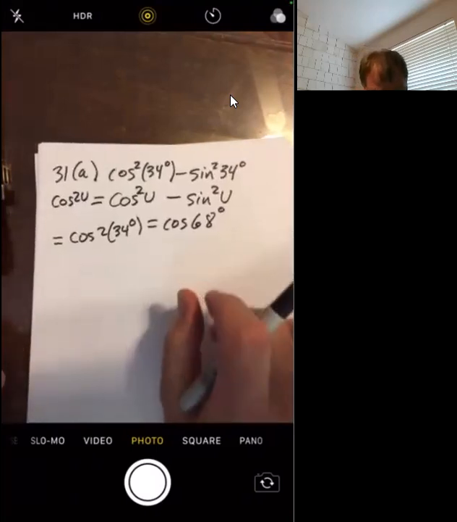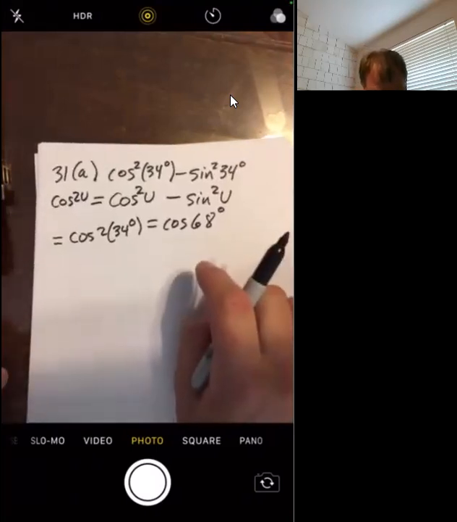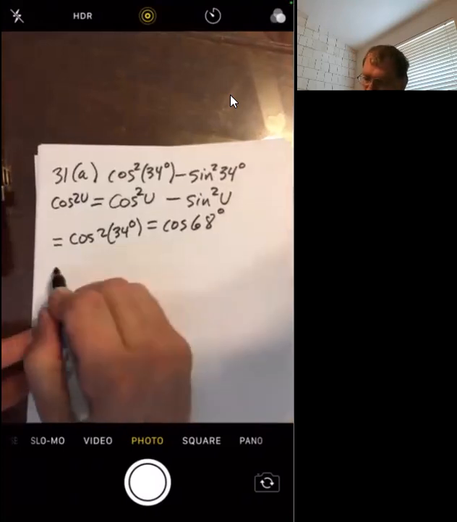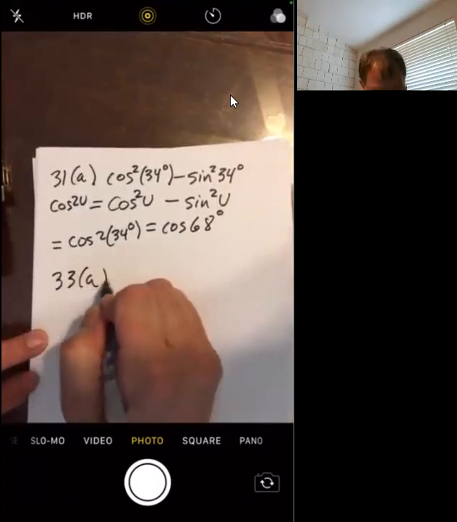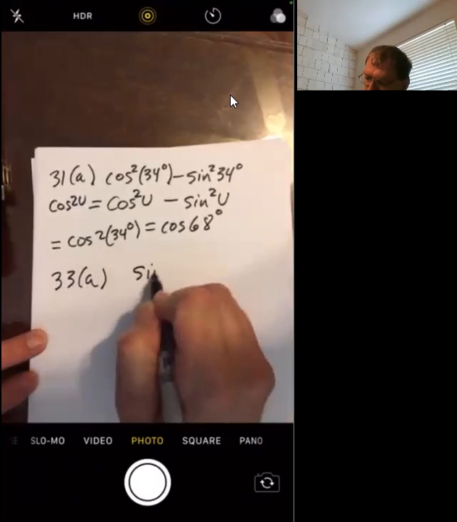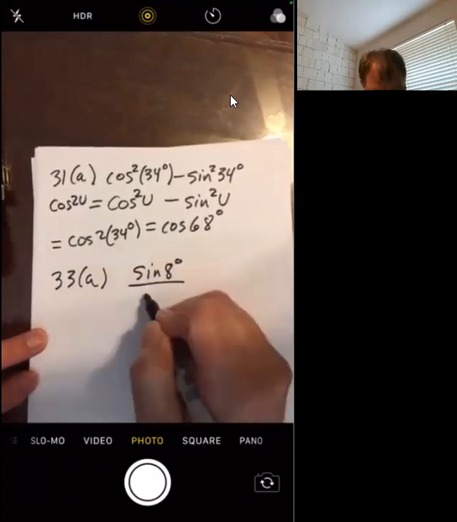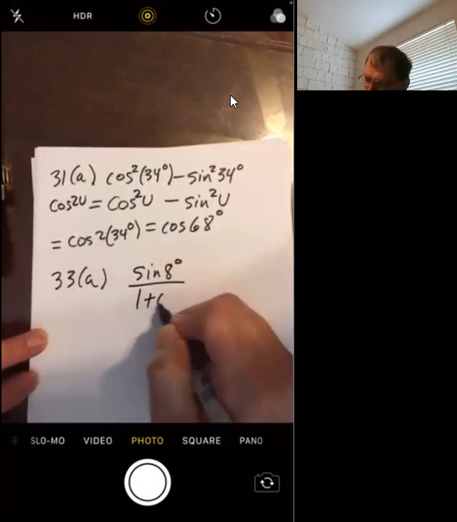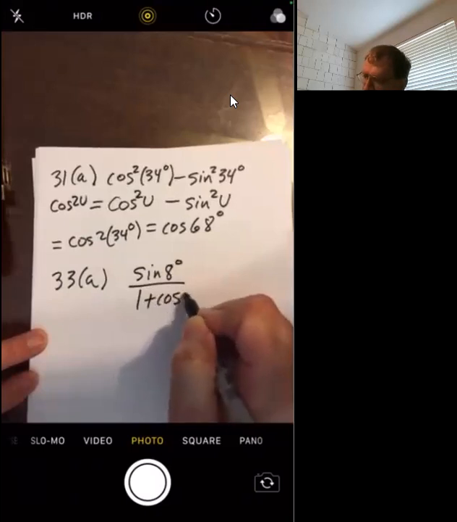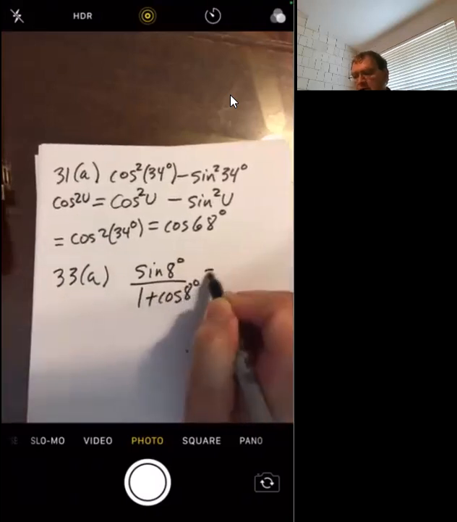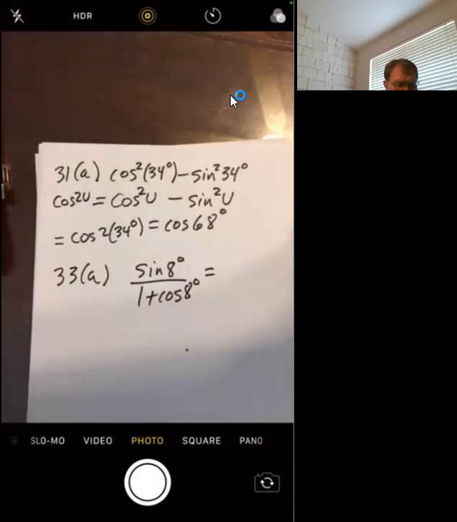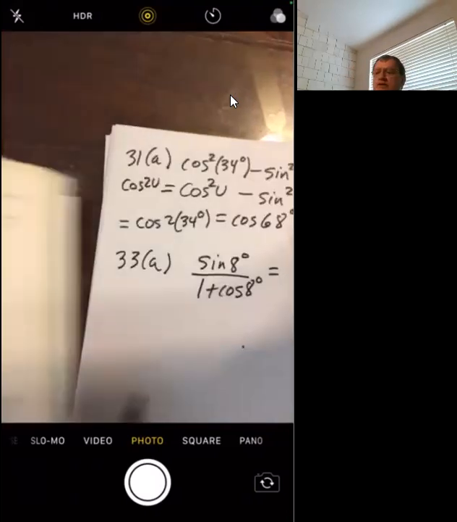How about 33a? Sine of 8 degrees over 1 plus cosine of 8 degrees. Again, I don't quite have that memorized, so flipping back, it matches tangent of u over 2.